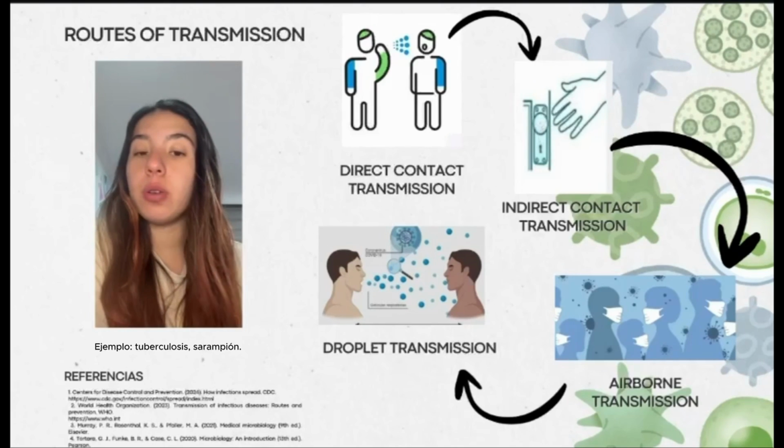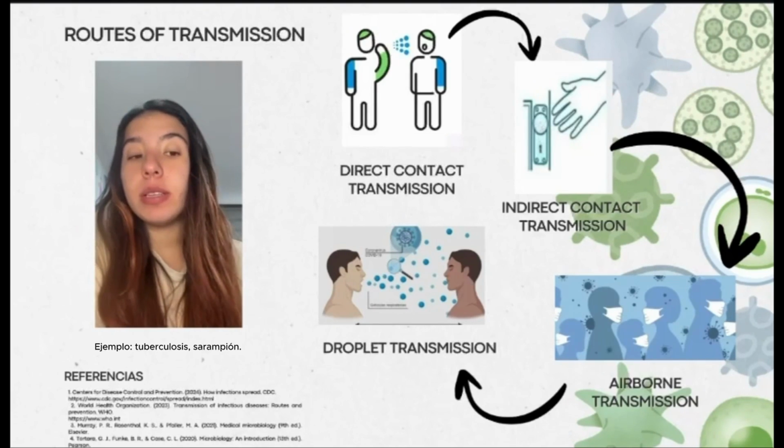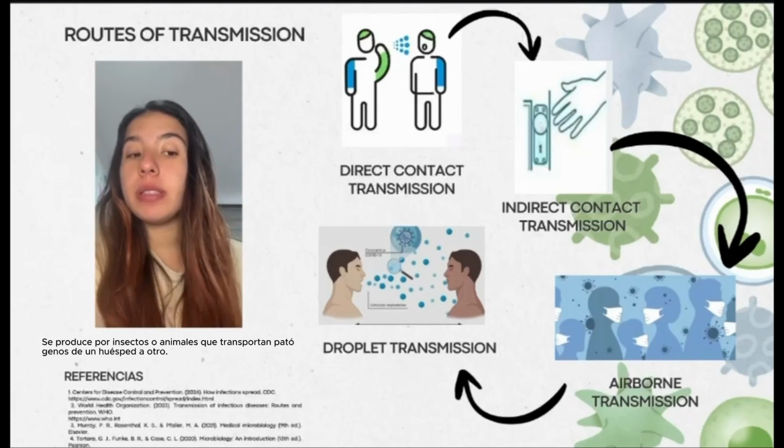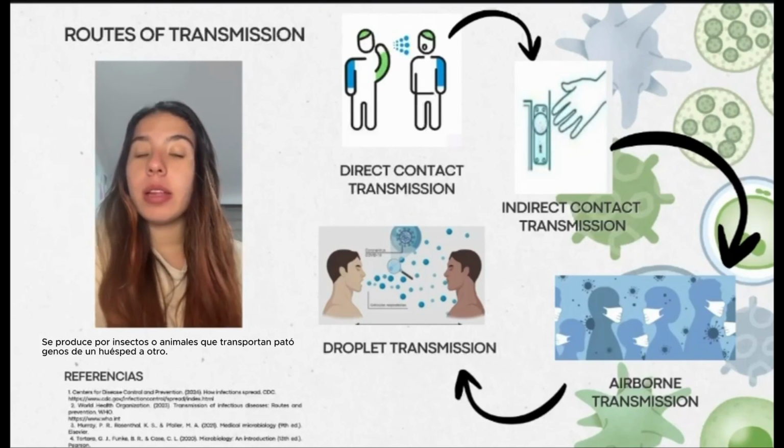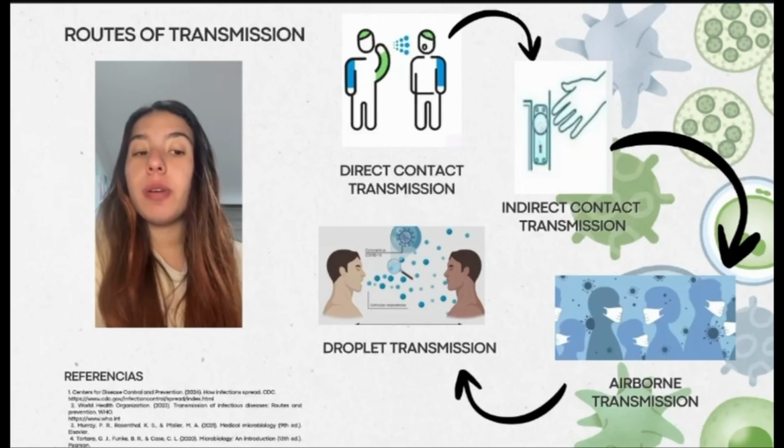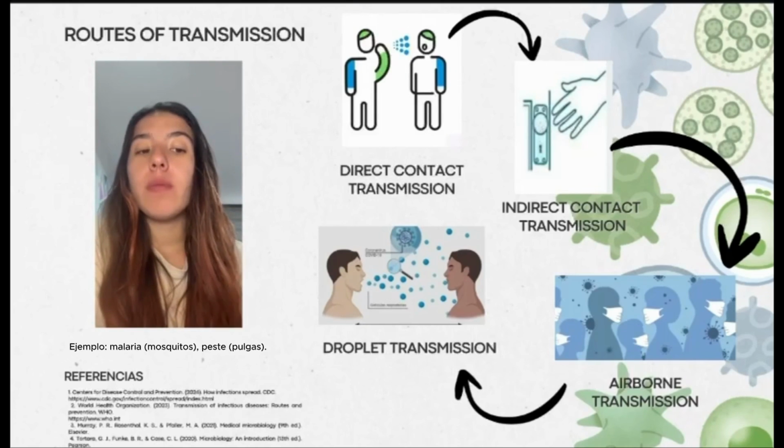Example: tuberculosis, measles. Vector-borne transmission is spread by insects or animals that carry pathogens from one host to another. Example: malaria, mosquitoes; plague, fleas.